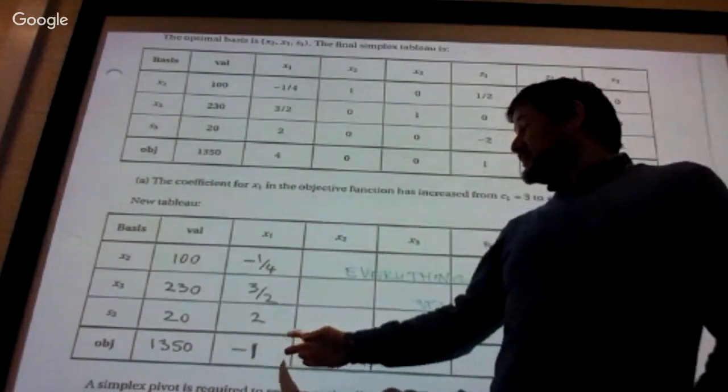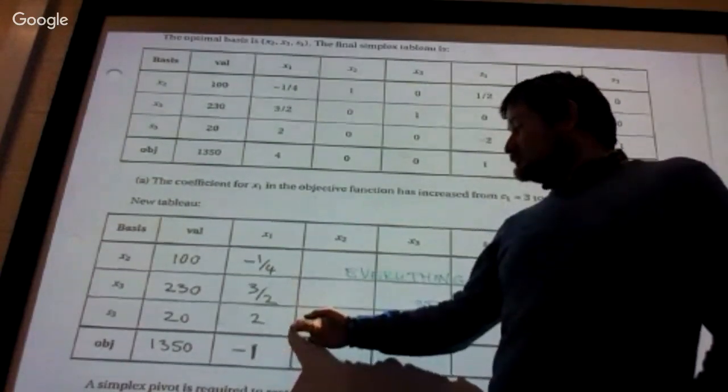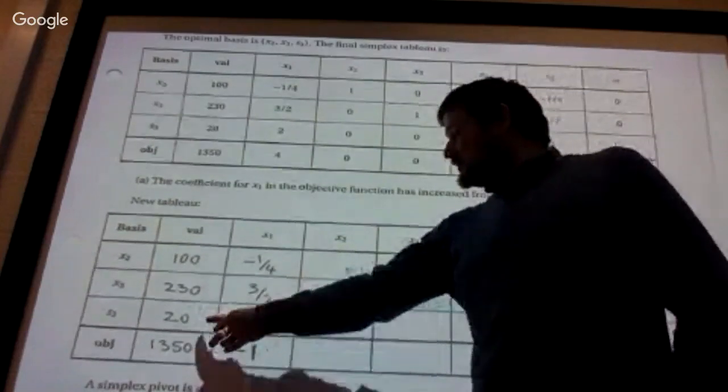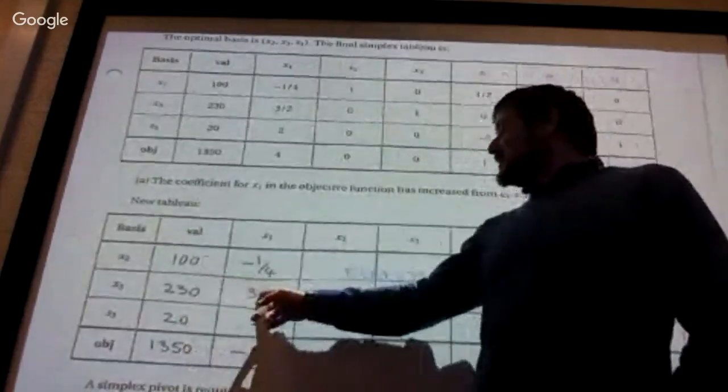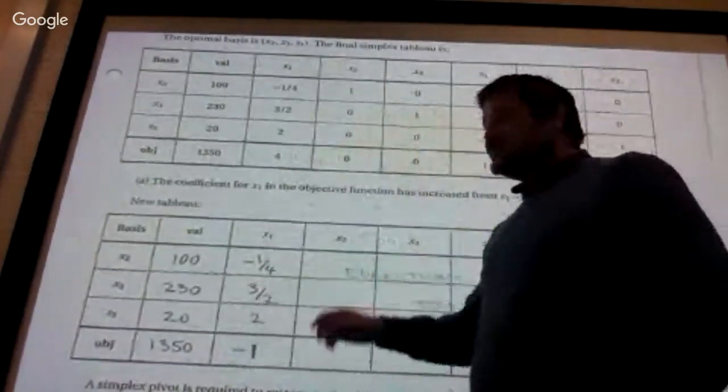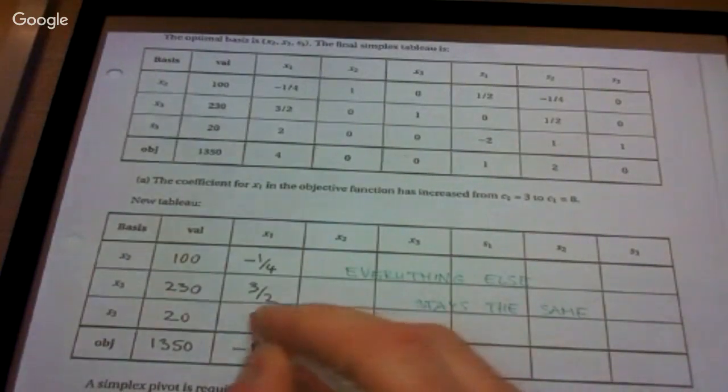So you want to pivot. Which one? Well, ratio test. So this ratio is 10. This ratio is more than 100. Whatever it is, it's definitely more than 10. So this is the new pivot step, a new pivot element, rather.